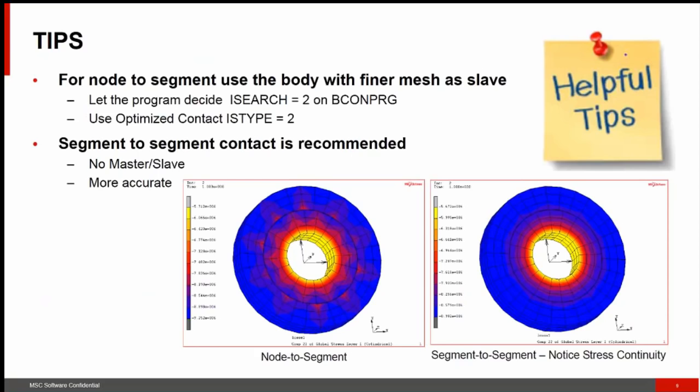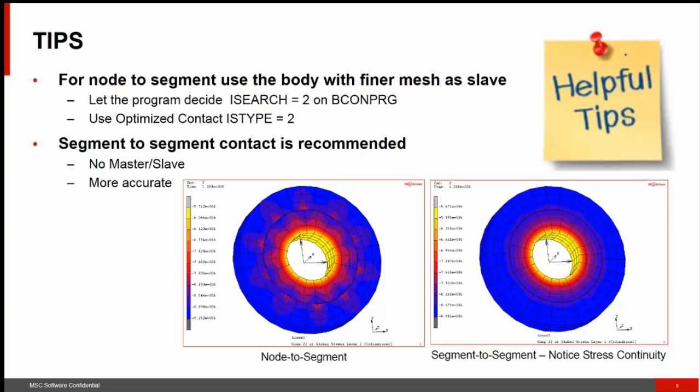The rule of thumb is to have the body with the finer mesh as the slave and the one with the coarser mesh as the master. For many problems this works, but if the problem is a little bit more complicated, we may not know exactly which body has a finer mesh. In this case, there are some tips that may be useful.